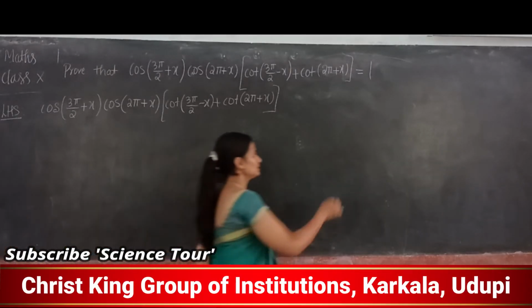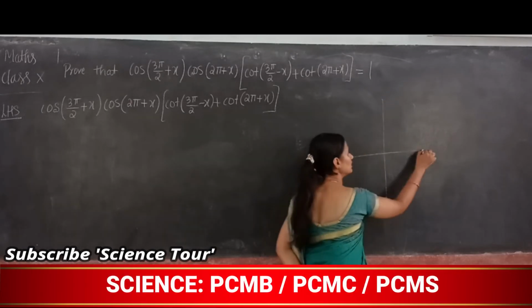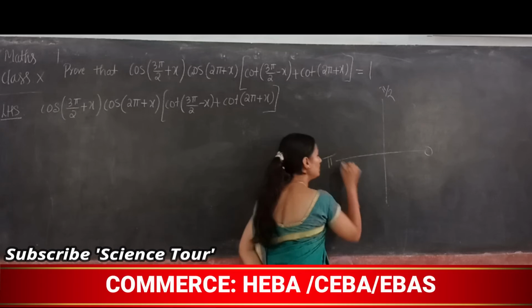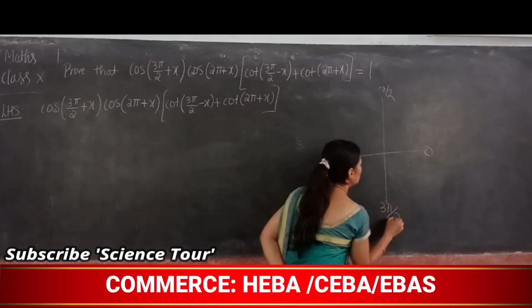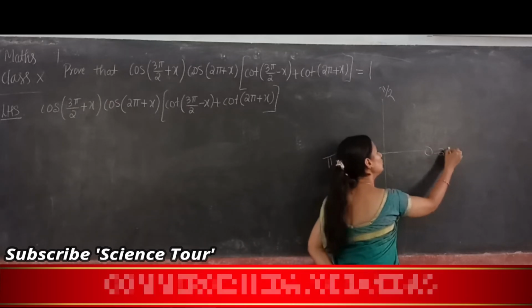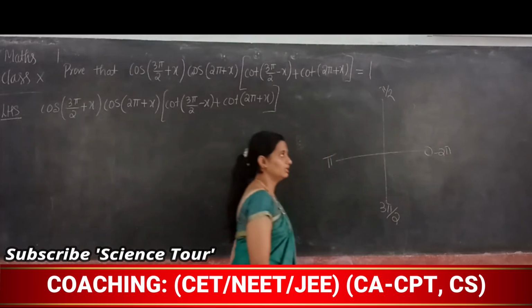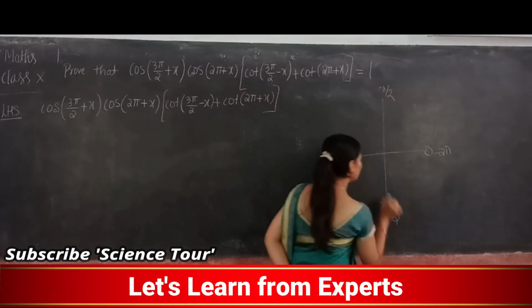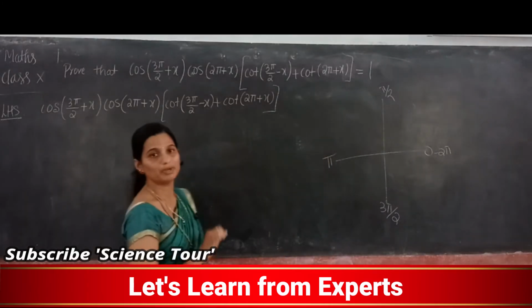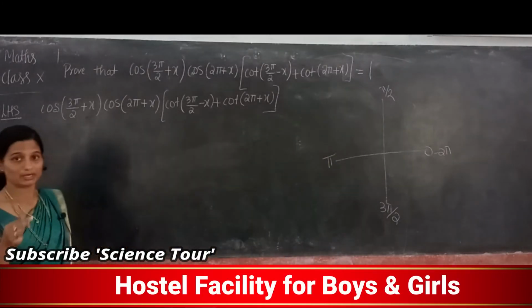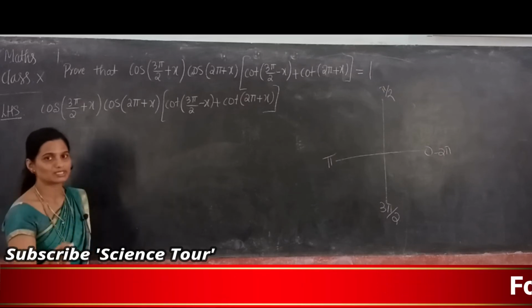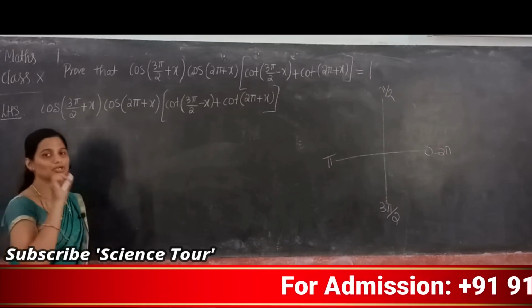So first I draw the allied angle diagram. Here is 0, π/2, and it is π, next is 3π/2 and this one is 2π, right? If it is π/2 or 3π/2, the trigonometric function changes: sine changes to cos, cos changes to sine, tan to cot and secant to cosecant.